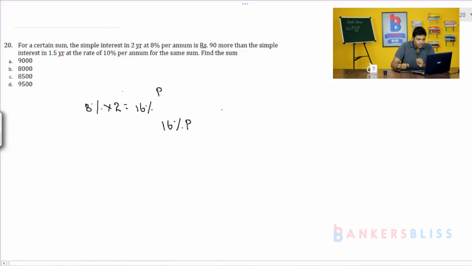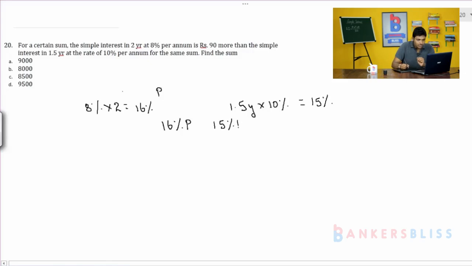Next, one more thing, 1.5 years into 10%, which is equal to 15% on the principal amount you have to calculate.